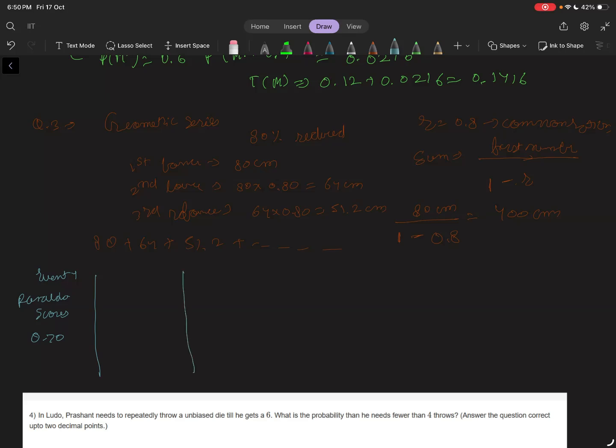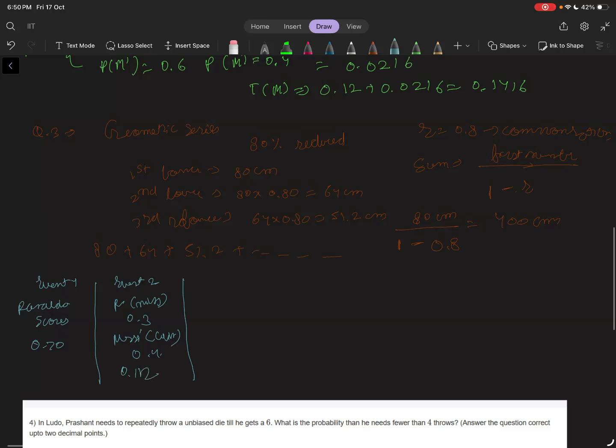But let's see what happens in event 2. In event 2, Ronaldo misses. The probability is 0.3. But Messi scores. Messi's probability is 0.4. And in this case, Argentina wins. The probability of Argentina winning, or Messi winning, is 0.12.